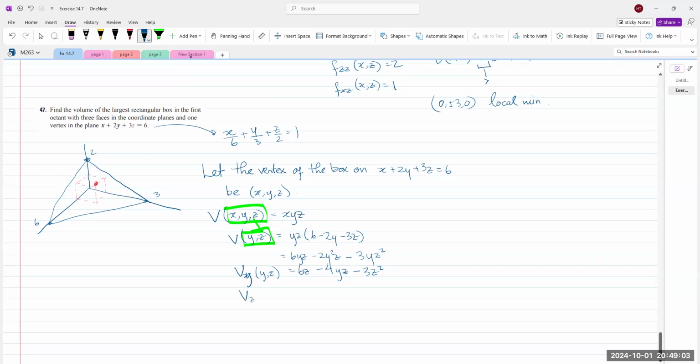V sub z of y, z will be 6y minus 2y squared minus 6yz. Now we set both of them equal to 0. How to solve that, I don't know yet, but at least that's the approach, right? I wonder how to do this though.